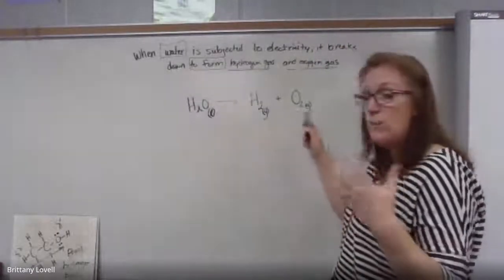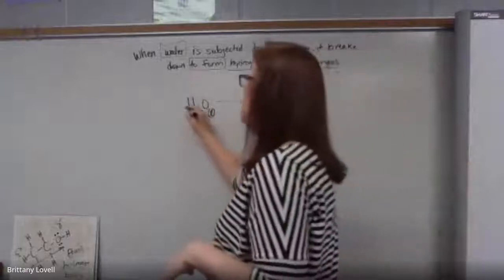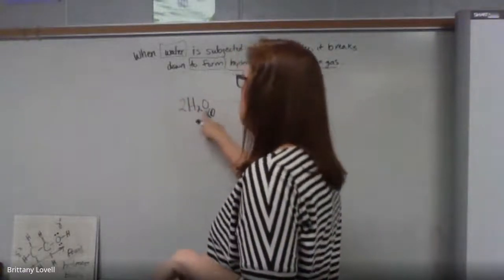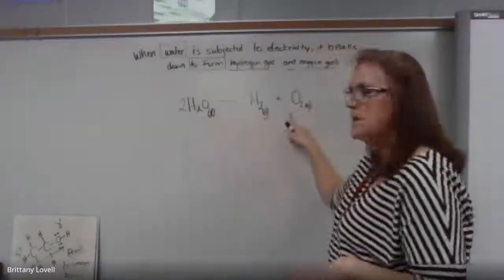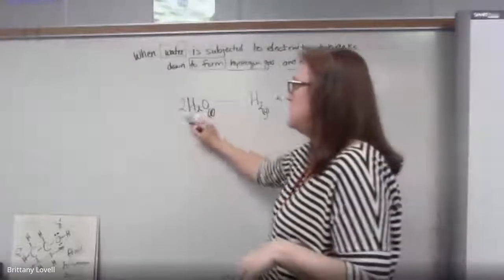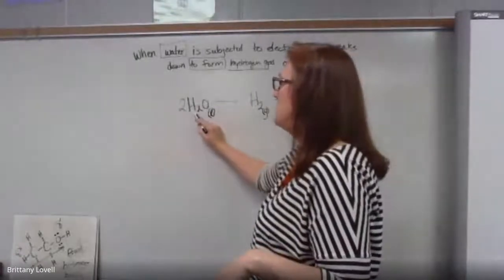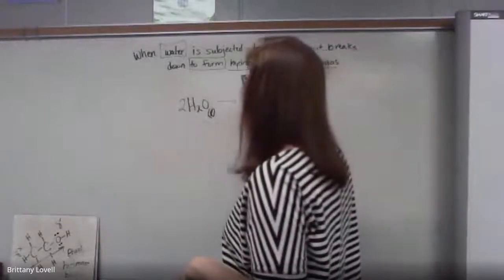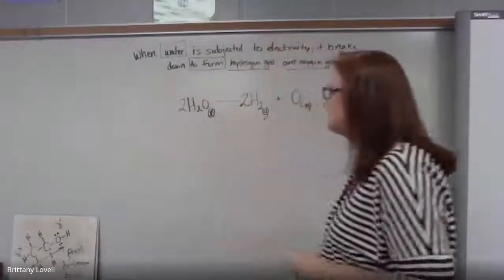The only way that I can do this is to add a coefficient in front of the whole formula. That would give me 2 oxygens, which is great. But now I need to go back and check my hydrogens because it's messed it up. 2 times 2 would be 4 hydrogens. How do you get this to be 4? Put a 2 right there.